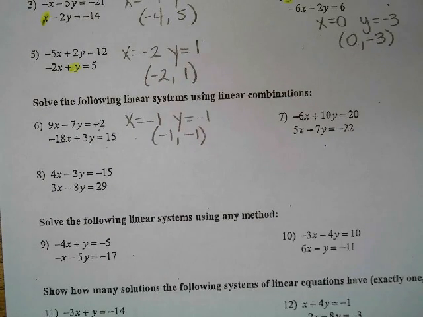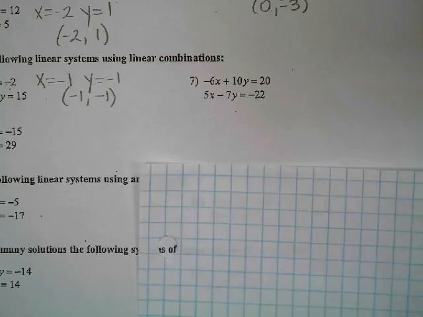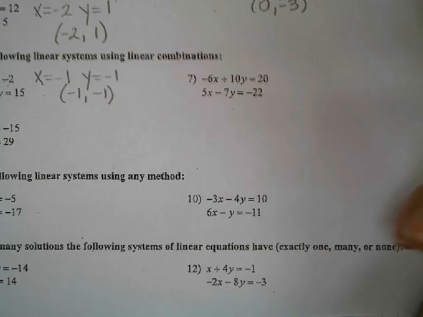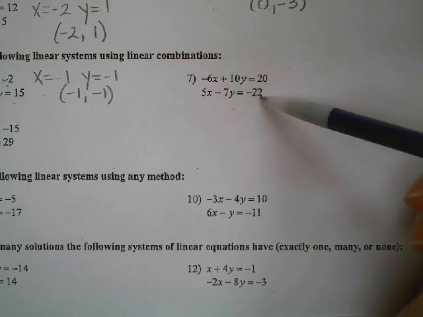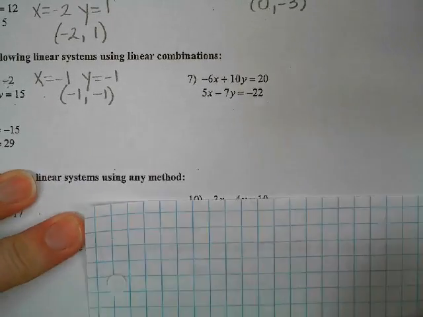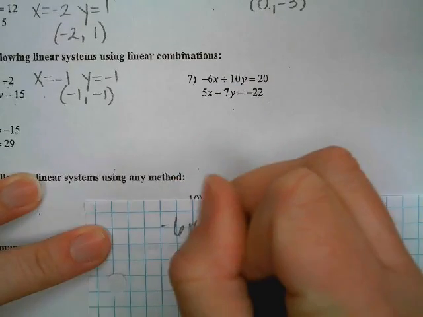Okay, moving on to number 7. Same idea, only this time we're going to actually have to multiply both of these equations to get one of the variables to eliminate. So I'm going to copy both of them down.